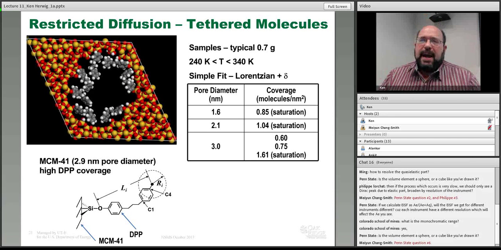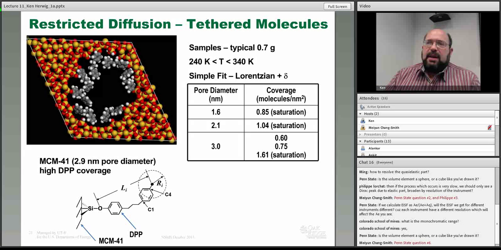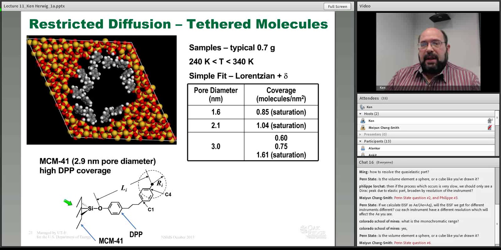And we're going to go back to my example of diphenylpropane molecules tethered to the surface of MCM41. In this case, the center of mass of the molecule cannot diffuse because the end of the molecule is pinned to the surface. Here's a little bit more of a schematic cartoon of how the actual chemical attachment happens. You've got an oxygen that used to be the oxygen of a hydroxyl.